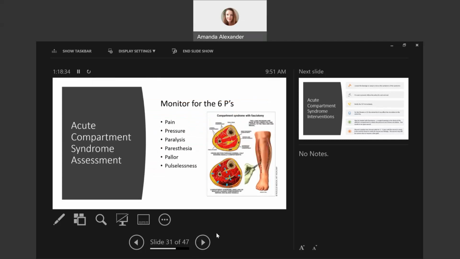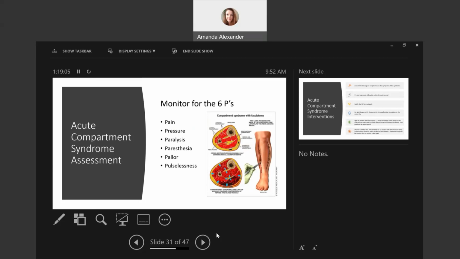One of the assessments that we are going to do for compartment syndrome is our 6 Ps. We're going to look for pain, pressure, paralysis, paresthesia, pallor, and pulselessness. So when we're considering the 6 Ps, the most common complaint is the pain and pressure. Paralysis is a late sign of compartment syndrome. So if the patient cannot move the extremity, this is very ominous.